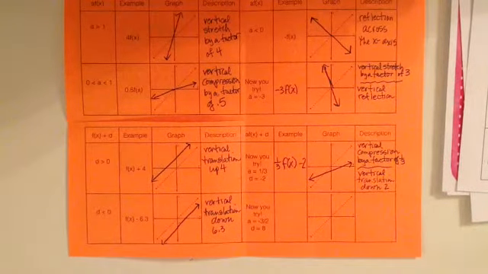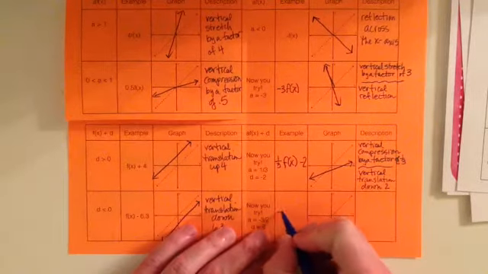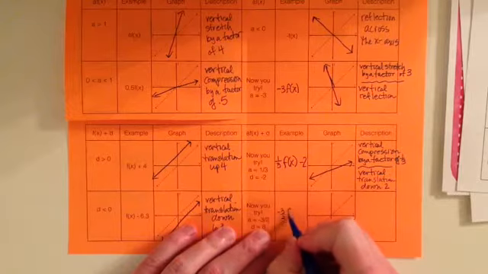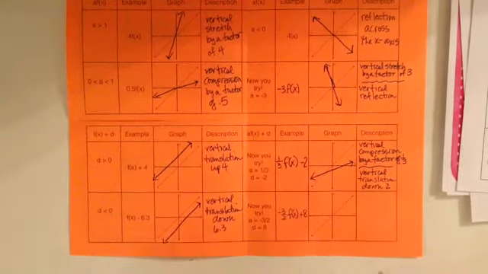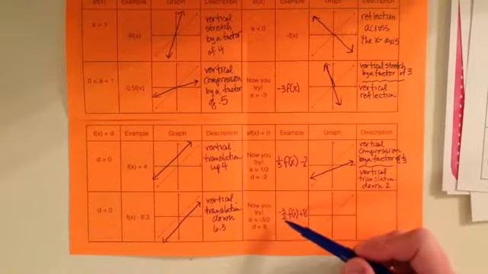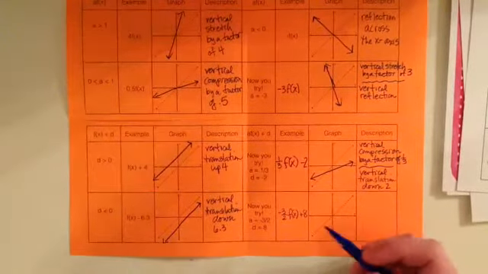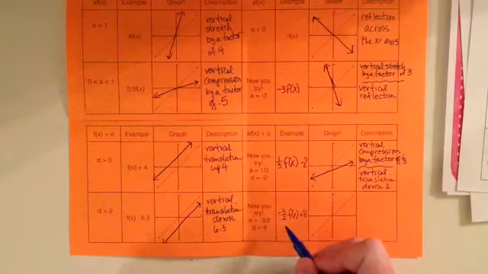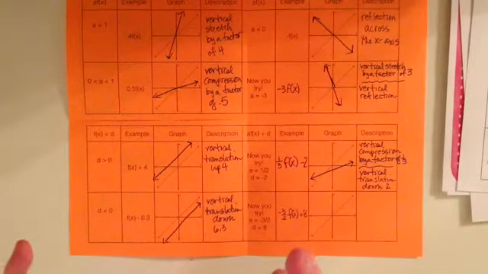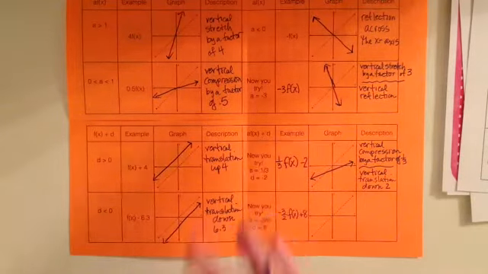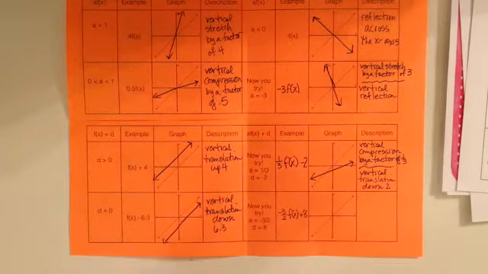Here's this other one. We're going to rewrite it as -3/2 f of x plus 8. Let's talk through this one a little. I've got -3/2, which we know is going to be a reflection. If we just look at that 3/2, forget about the negative, that is a number greater than 1.